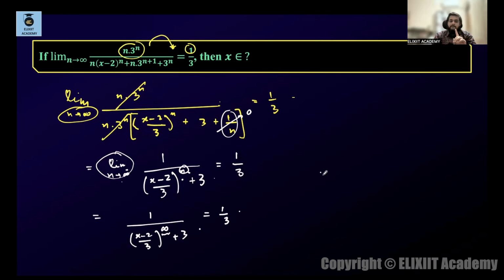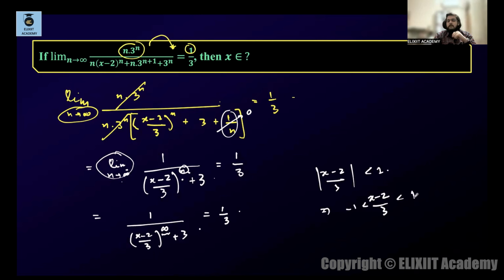This is only possible if the mod of (x minus 2) divided by 3 is less than 1, or more specifically, (x minus 2) divided by 3 lies in between minus 1 and 1.